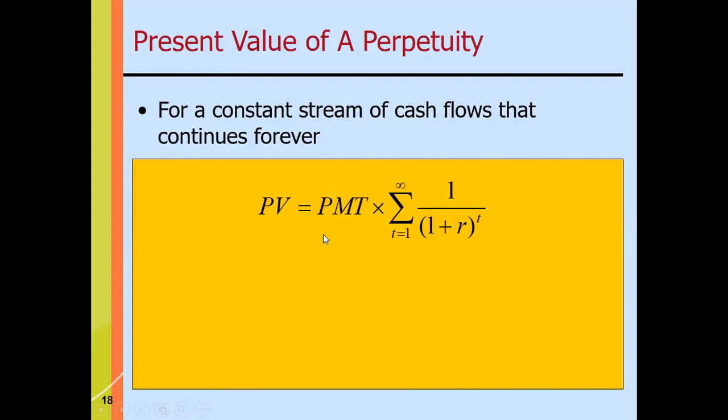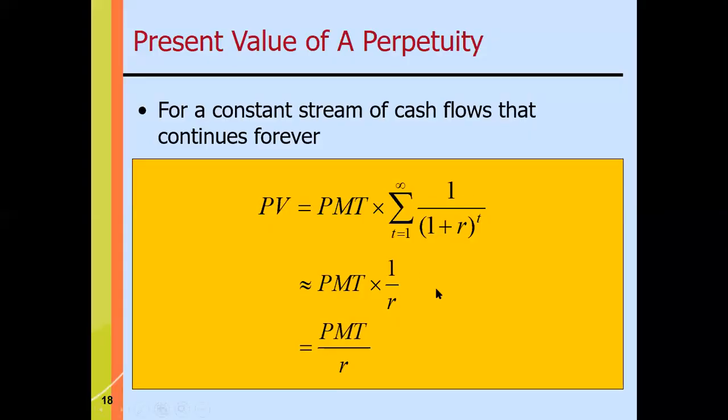Present value is equal to payment multiplied by the summation of the quantity 1 over 1 plus r to the power of t. This is when t is equal to 1. So in that case, this becomes 1 over r. After that, this means that payment is equal to r or the rate.